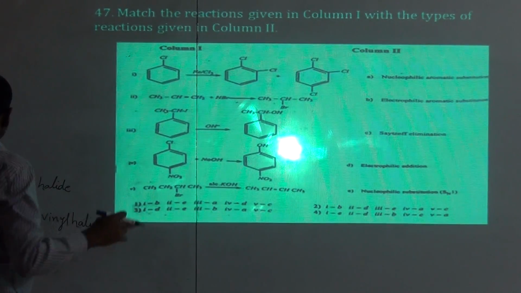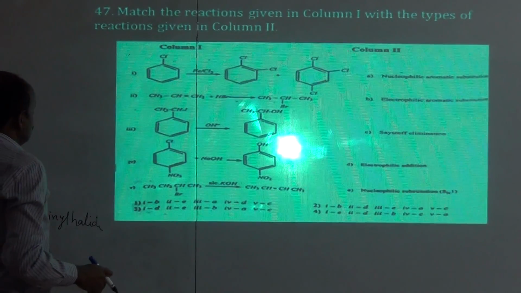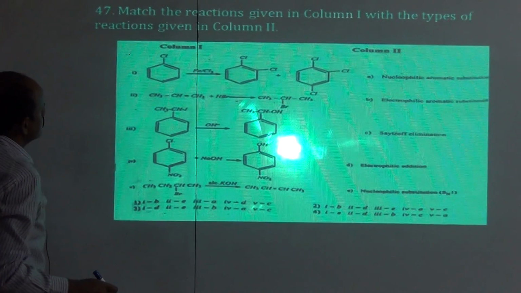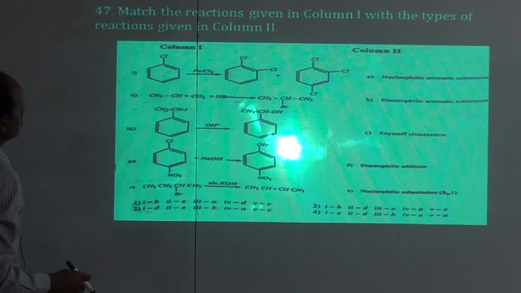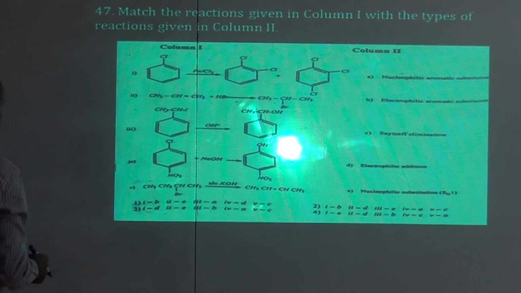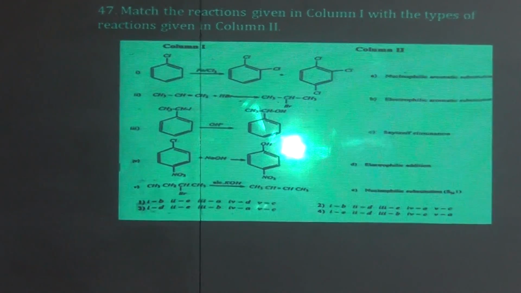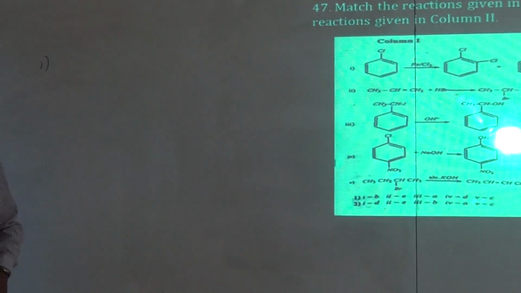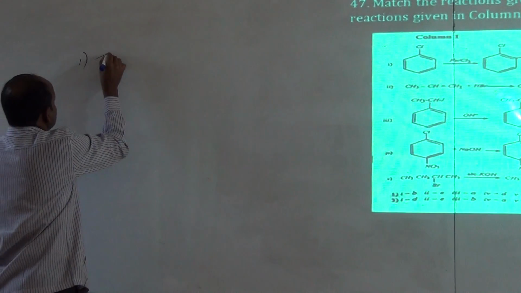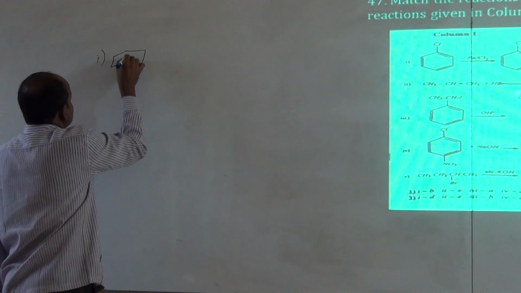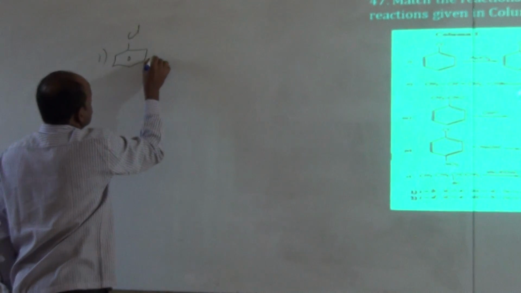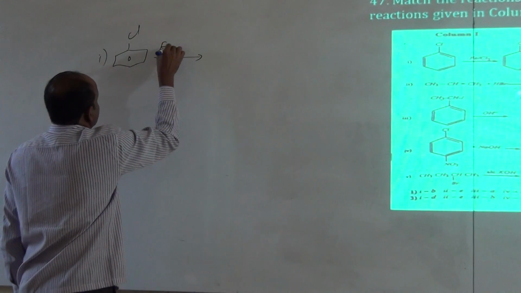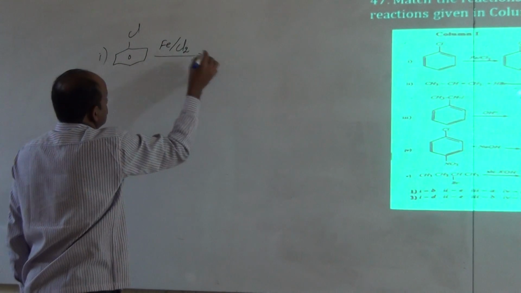C6H5Cl, which reacts with FeCl3 or AlCl3. C6H5Cl, which reacts with iron and chlorine.